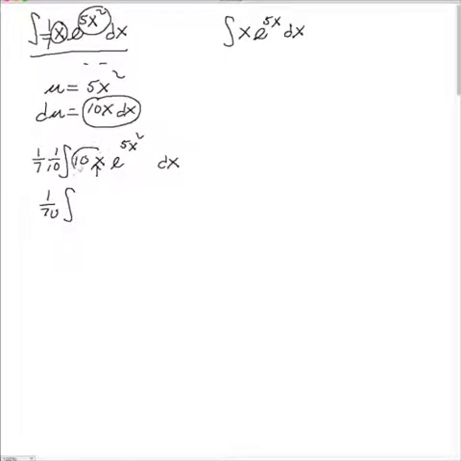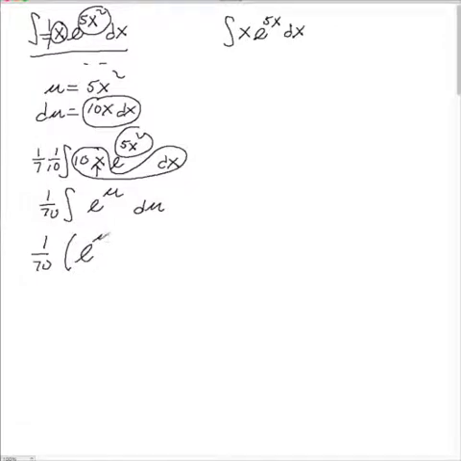Now this stuff right here gets absorbed into du, so that becomes du. And then I'm left with e to the u, because this is just u. So now the whole point of the u substitution is that I got an antiderivative that's very easy to take. So my answer to this question is going to be 1/70 times e to the u plus c.